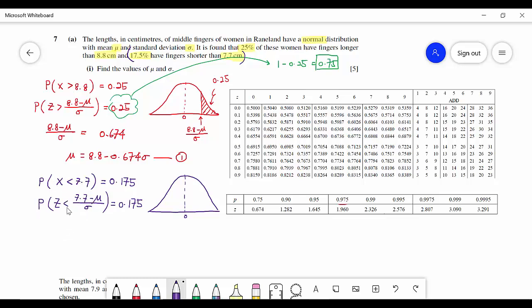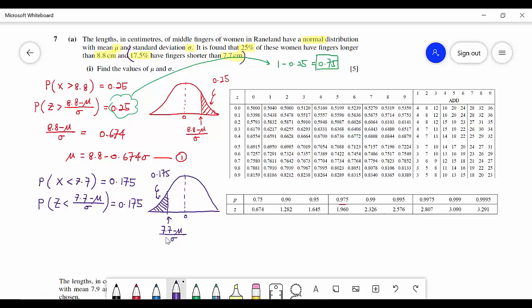So the graph that fulfills what we have here is this one. This is your Z value, 7.7 minus the mean divided by standard deviation, and the area smaller than this value is this area. From here, you should know that it is 0.175.